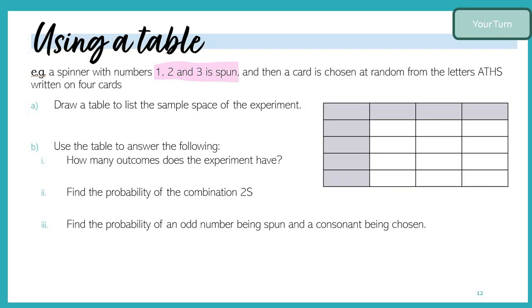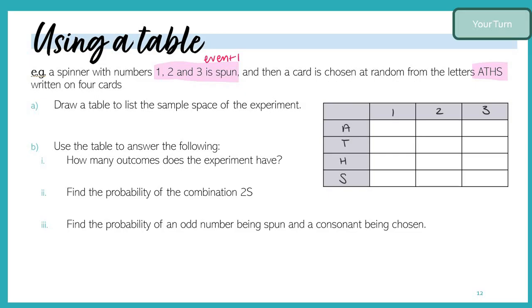Now our spinner here, 1 to 3, that's our event 1, and I'm going to place that across the top here. Okay, because once again, the order of the events, if they are independent from each other, doesn't actually matter, right? And then down the column, we're going to have A, T, H, S from those letters.